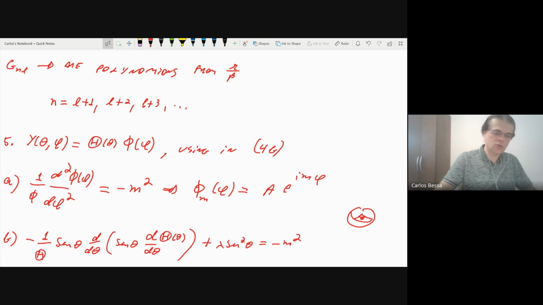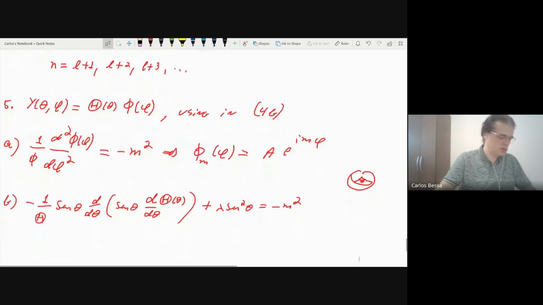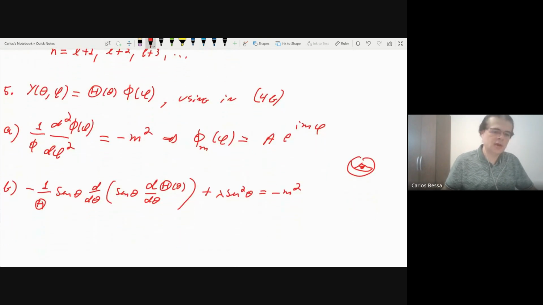And again, the solution here is given like a big theta L m of theta is sine of theta to the modulus of m, and polynomials of L m of cosine. Okay.